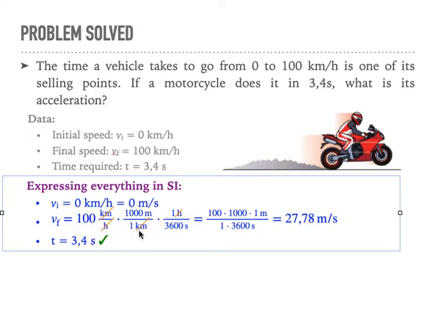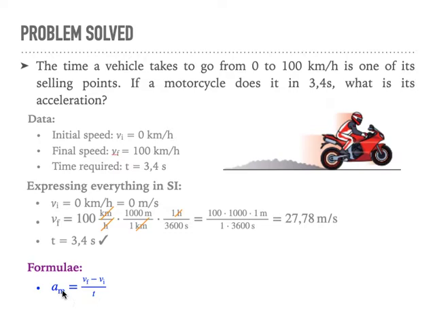Then I have to multiply by this factor, that is that 1 kilometer is 1000 meters, and then 1 hour is 3600 seconds. And if I do the calculations, I have that 100 kilometers per hour is 27.78 meters per second. And I have the time already in seconds, so I'm not going to touch that.